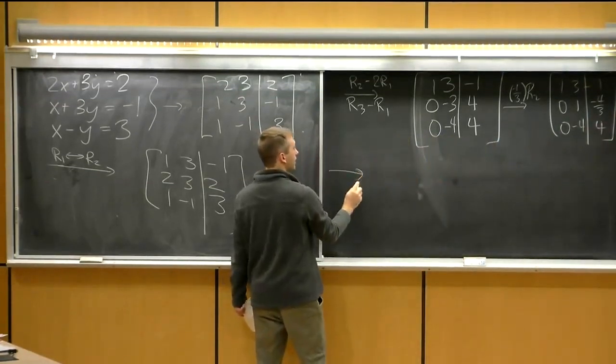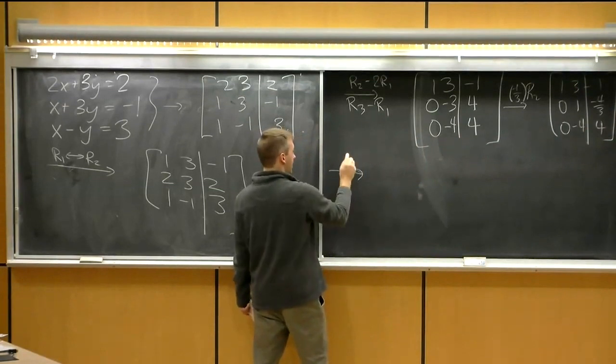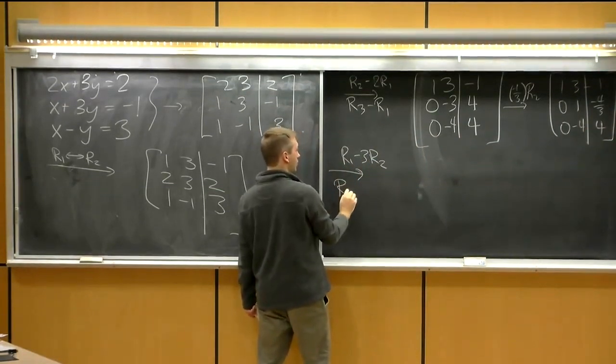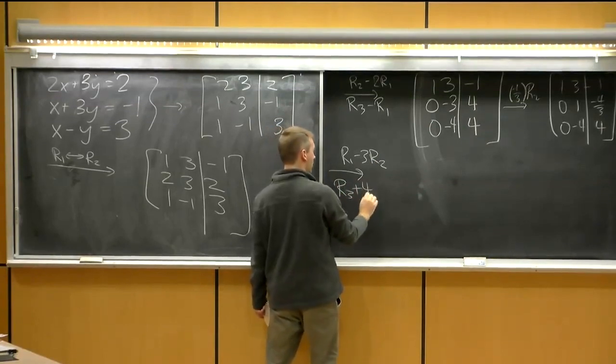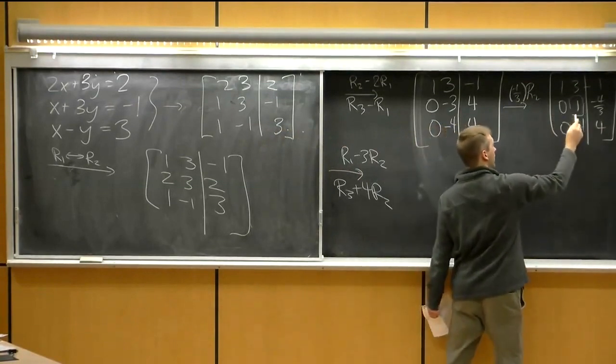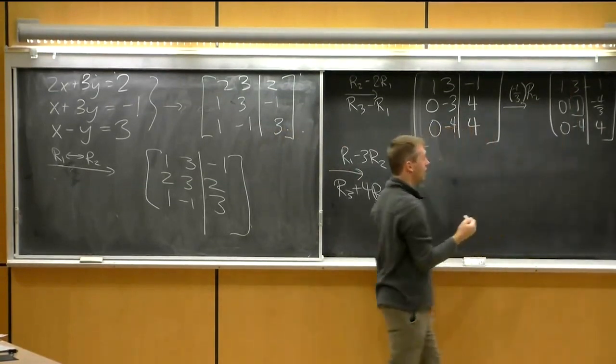Okay. So now I'm going to take row 1 minus 3 row 2, and I'm going to take row 3 plus 4 row 2, just to take this 1 and use it to kill everything.